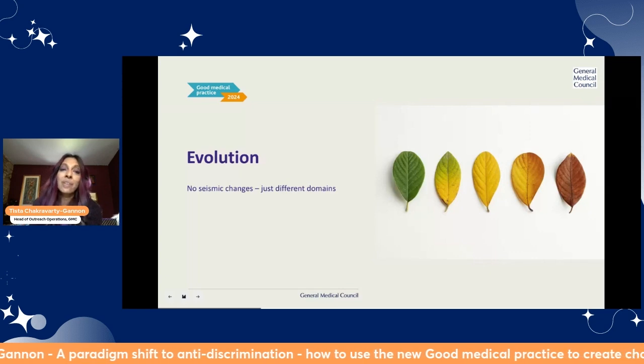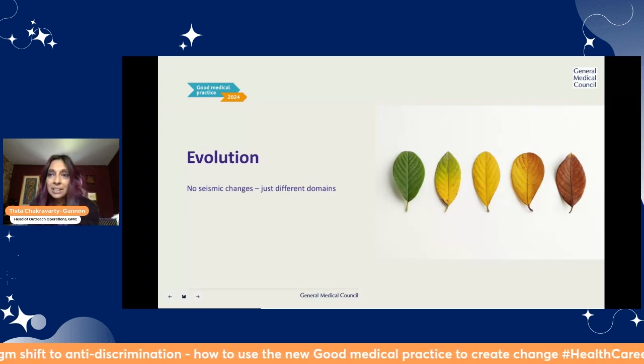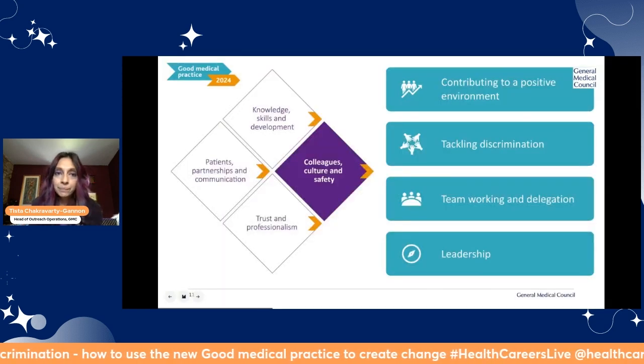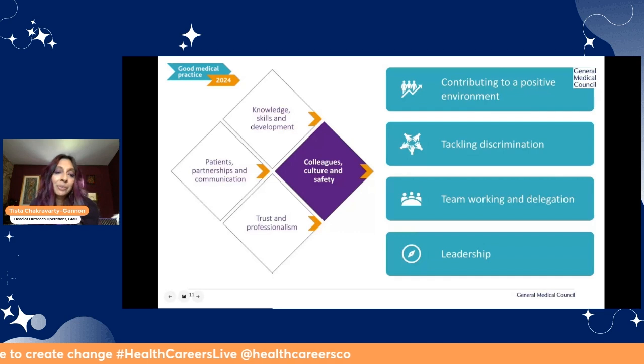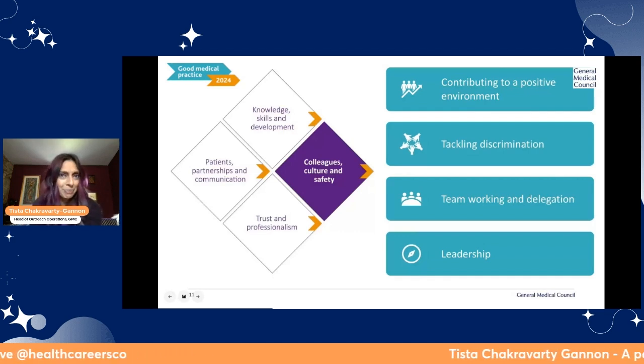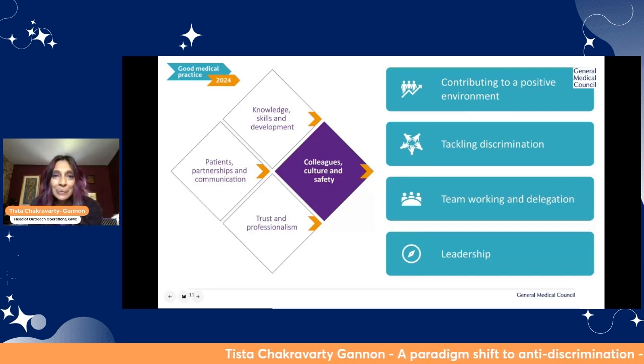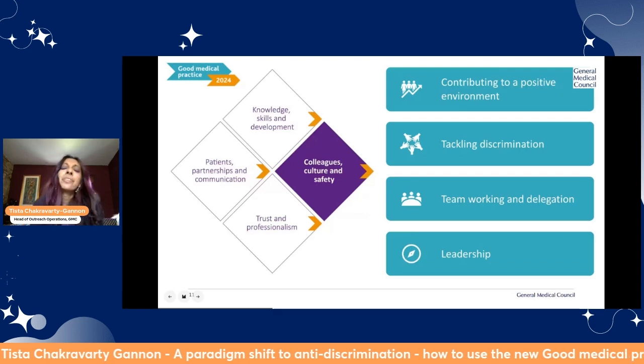But where we've got that seismic shift in driving cultural change is here in colleagues, culture and safety. And that is where we talk about being kind, as well as courteous and respectful to your colleagues. And again, that doesn't mean you're not going to raise concerns about them. These are in the teal boxes.